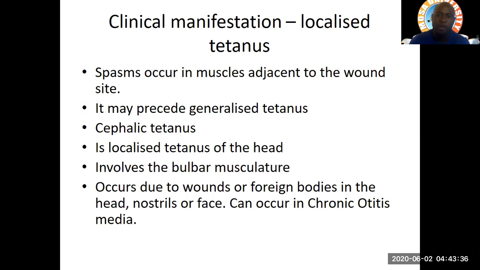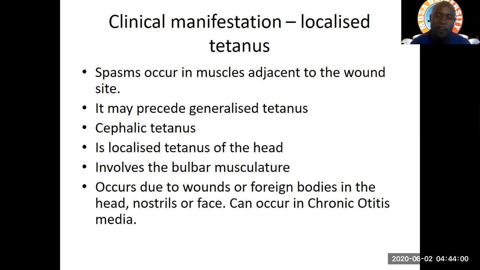We have talked previously about generalized tetanus. We will now talk about the localized type of tetanus. When we talk about localized tetanus, the spasms will occur in the muscles adjacent to the affected site, or the affected wound.